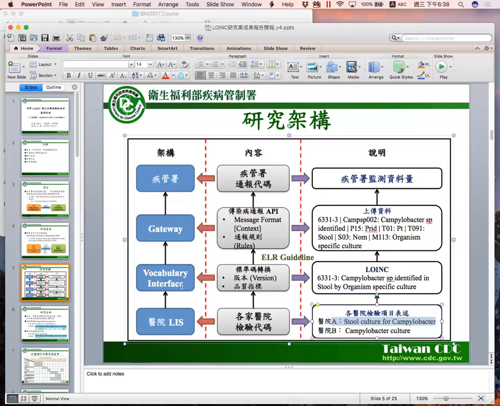Actually, not regional, it's an international issue, but they hadn't thought about that. So they put that in the latest LOINC version and made some changes due to our contribution.